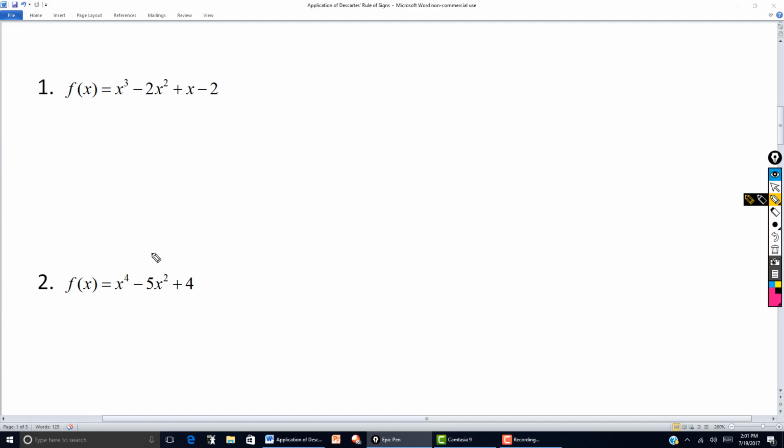It could be repeated. Okay, so first let's find the possible positive real zeros. Okay, so let's count. It's in standard form, so count the number of variations. So go 1, 2. Okay, 2 variations in sign.